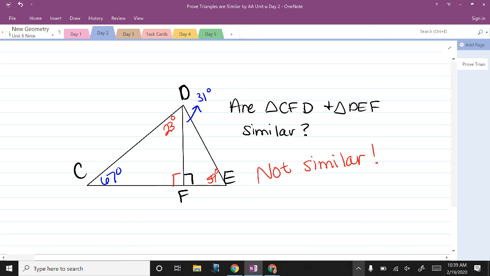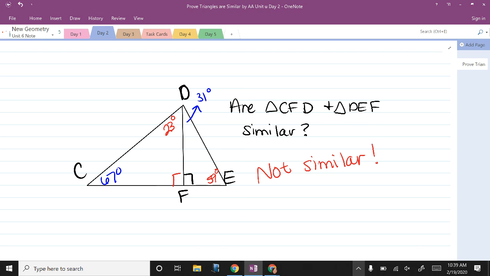So if you find all your missing angles using the triangle sum theorem or congruent complements theorem or any of those, and none of them match up, they're not similar. Plain and simple. Any questions on showing that triangles are similar by the angle-angle postulate? You need two pairs of congruent angles in both triangles to say that they're similar by angle-angle.